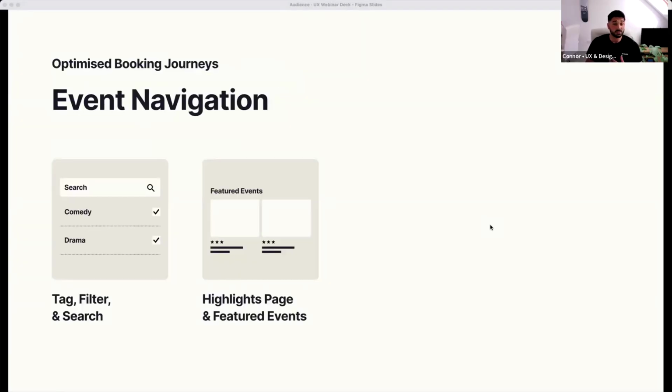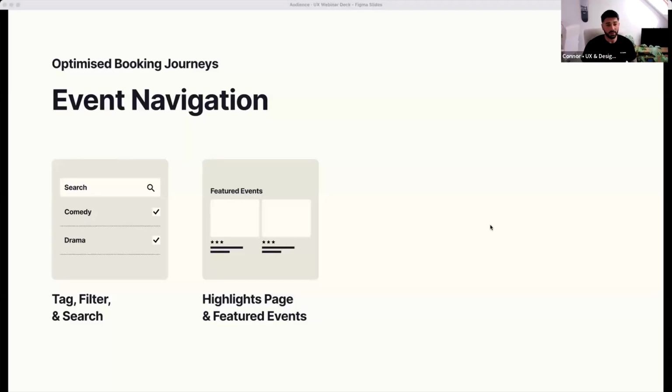And so that starts with event navigation, and quite a common feature is tagging and filtering and searching events. If you're an organization that has many different events, perhaps these repeat on a daily basis or happen over a long amount of time, you'll perhaps have event pages that are very long and have lots of different events, and some of these may be of a greater priority to you than others.